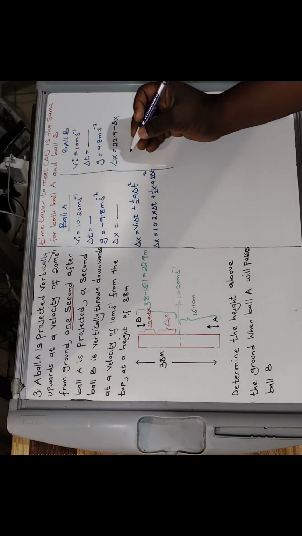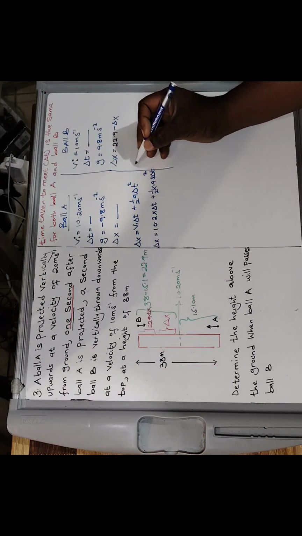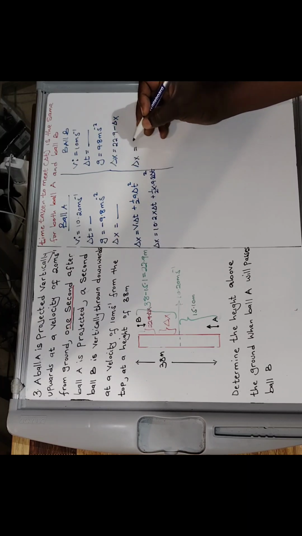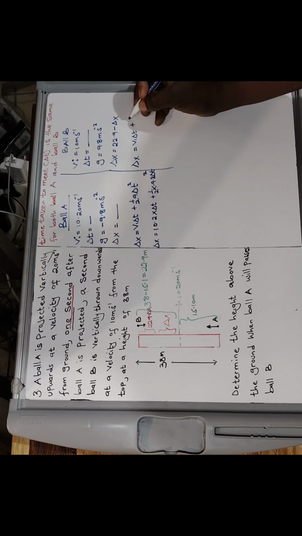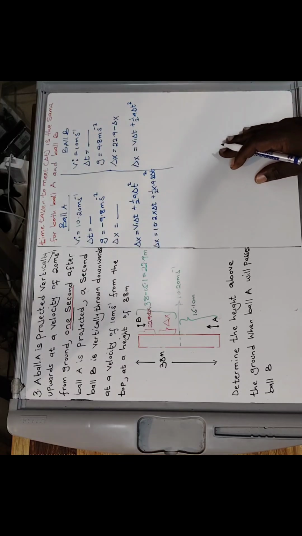Okay, when we go to this side, what do we know? It's the same data, so the same equation. Delta x is equal to vi delta t plus a half a delta t squared.